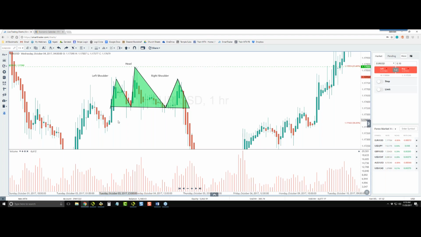But what I like to think about is more of the psychology part of this and what's going on behind the scenes. So if you think about, especially this candle right here, it had a lot of volume, and yet it was not a full candle.